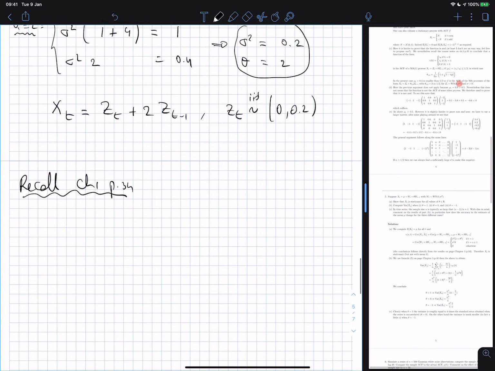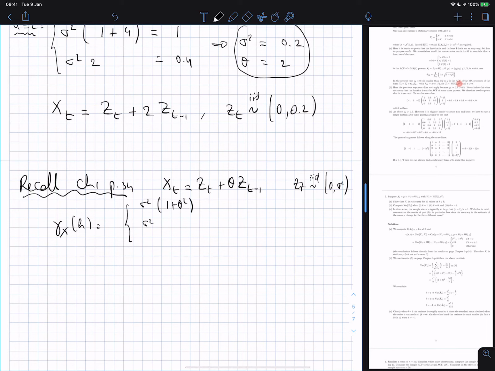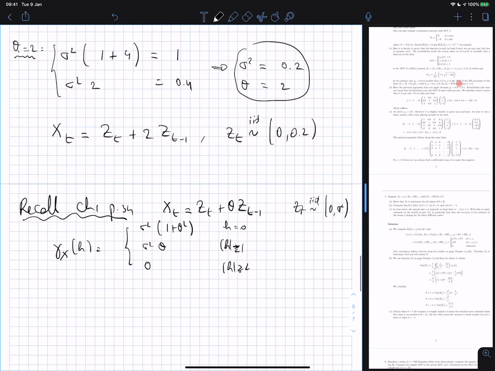If your process is X_t of the form Z_t plus theta times Z_{t-1}, where the Z_t are iid with mean 0 and variance sigma squared, then the covariance is sigma squared times (1 plus theta squared) at lag 0, sigma squared theta at lag 1, and 0 for h larger than 1.